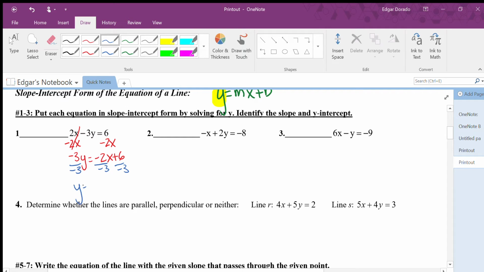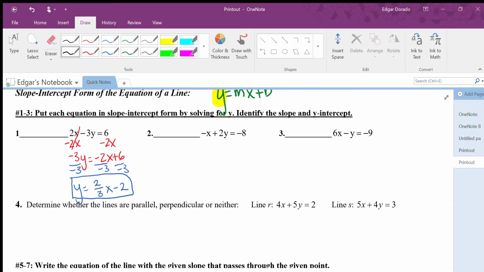So our final answer here is y equals 2/3 x minus 2. That negative 2 over negative 3 just turns into a positive 2 over 3, and 6 divided by negative 3 is just a negative 2.